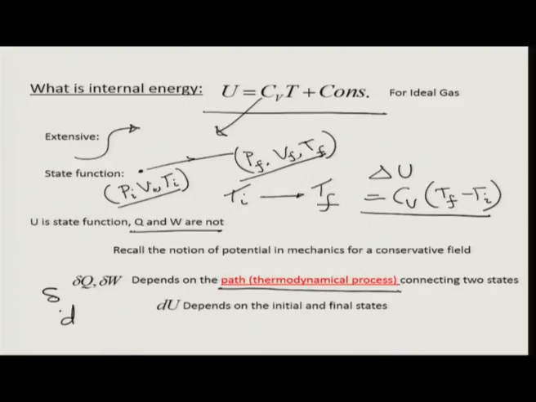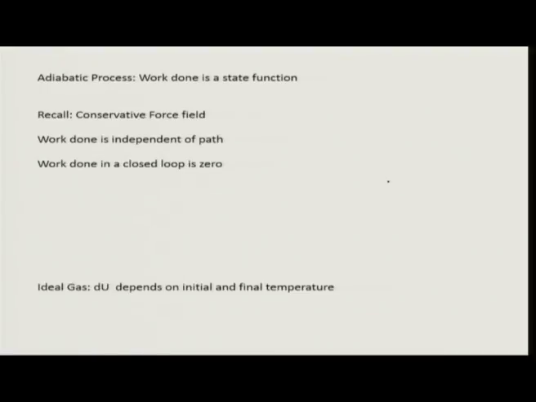Okay? Soon we will explicitly calculate them and show that they indeed depend on the thermodynamic process. dU does not. Okay? It only depends on the initial and final state as I have calculated here.